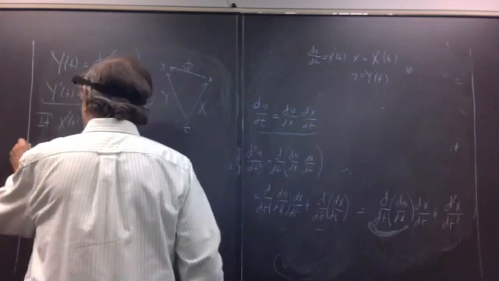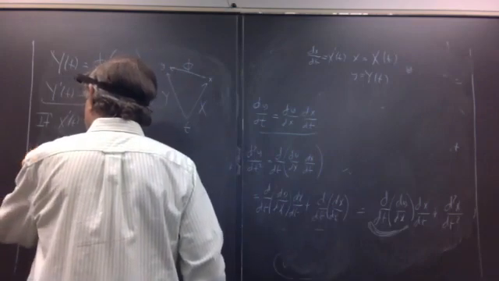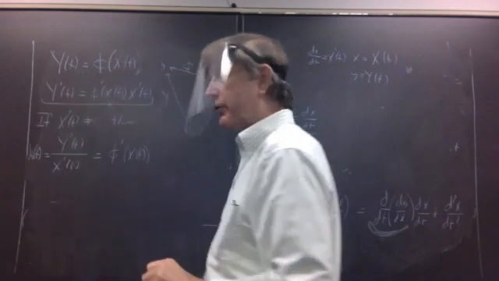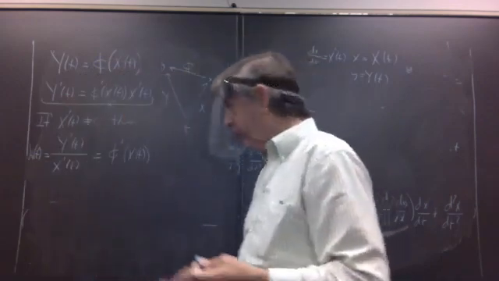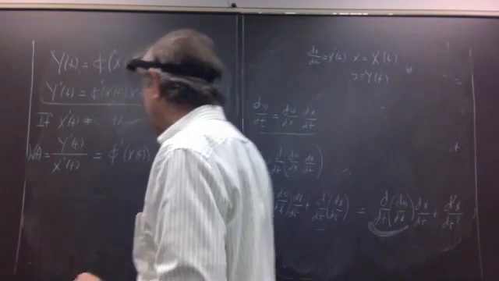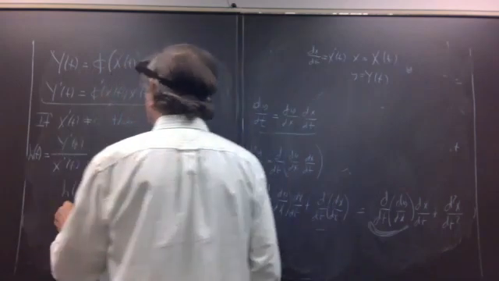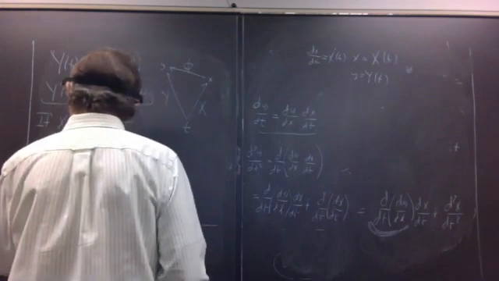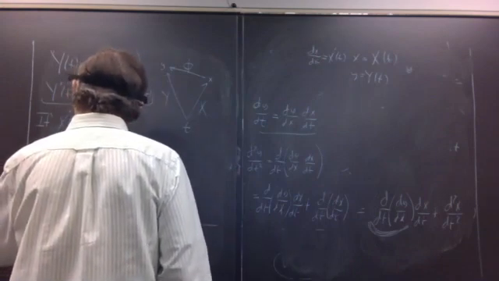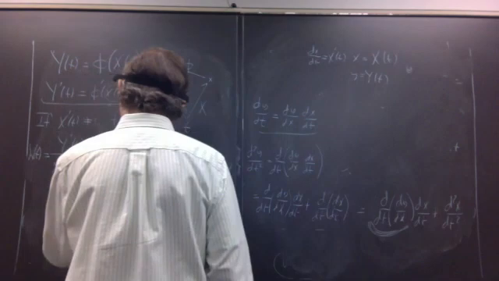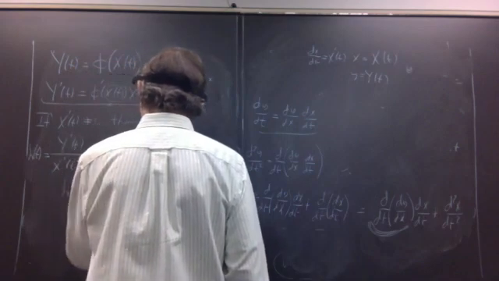So I'm going to call it h of t. I'm just going to name it something because I'm trying to understand it. So I have h of t is phi prime of x of t.